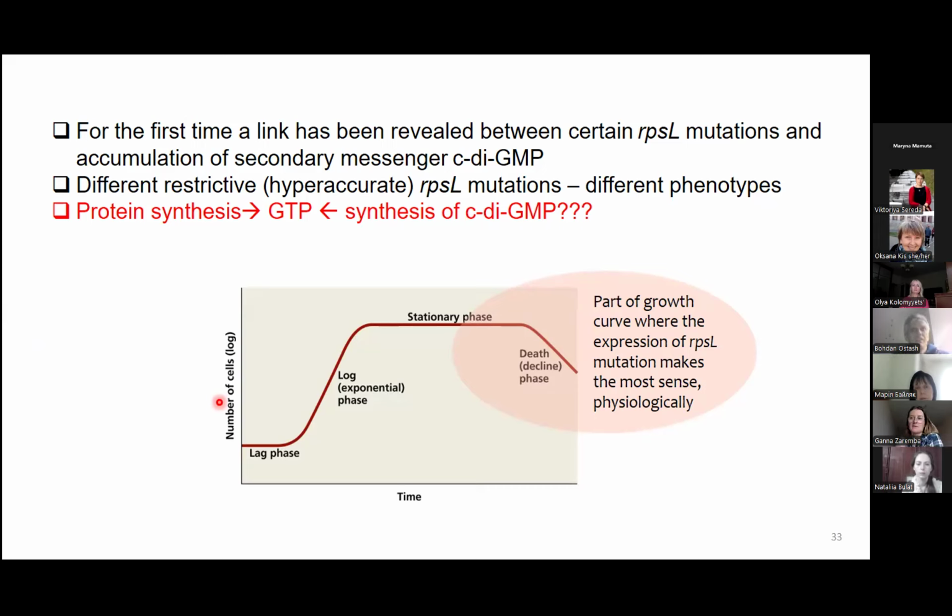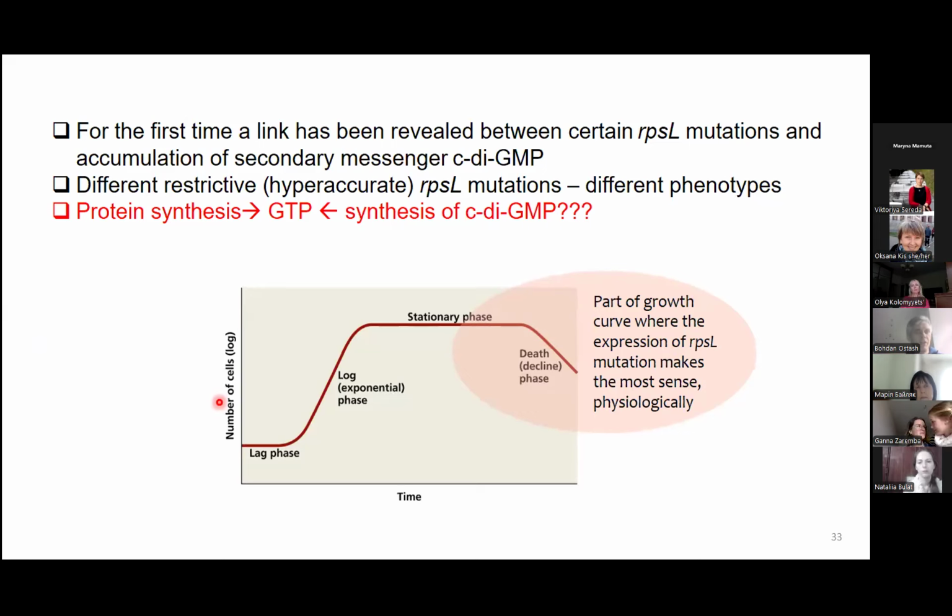But it still doesn't give us ideas. There is no cause-to-effect chain of events. We still have a lot to fill in between the initial event, like a mutation in the gene for the S12 protein, and, let's say, increased antibiotic production. But I think we have a very good model.